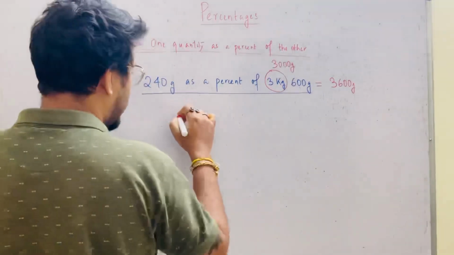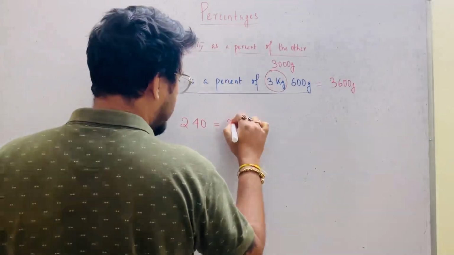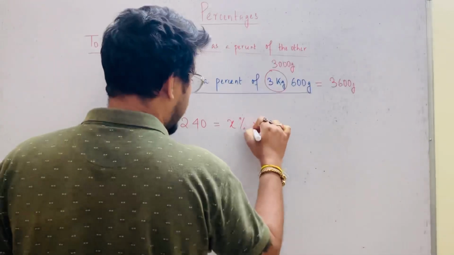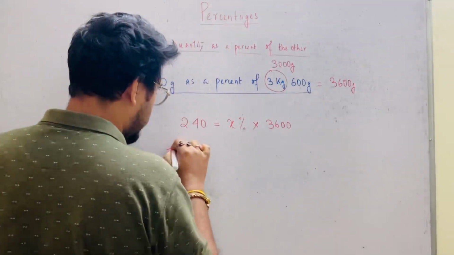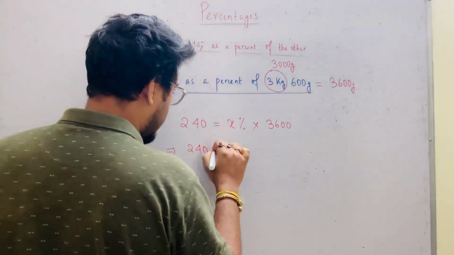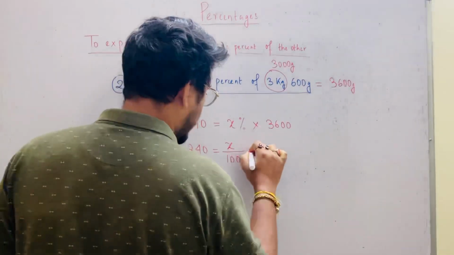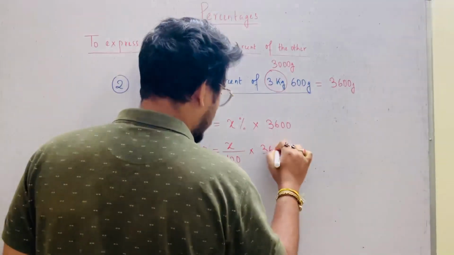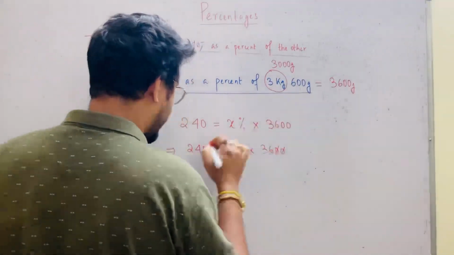So how will we write the equation? 240 is equal to x percent times 3600. So 240 equals x percent, which means x over 100 times 3600. So now the two zeros get cancelled.